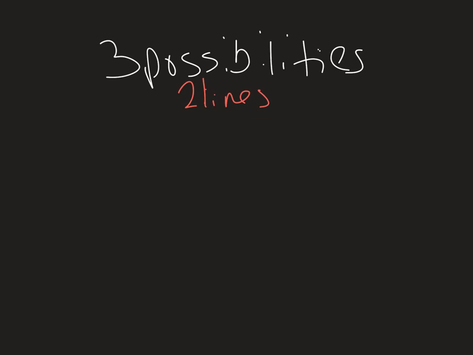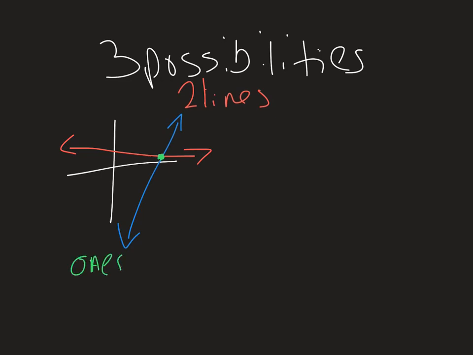The first is that the lines do intersect, and they would intersect at one point, meaning that there would be one solution. And if we look at how this is happening, these lines have different slopes, and that would guarantee me that there is one solution.